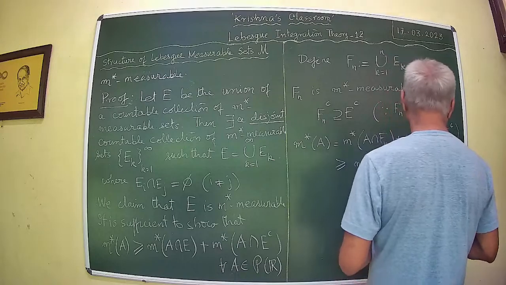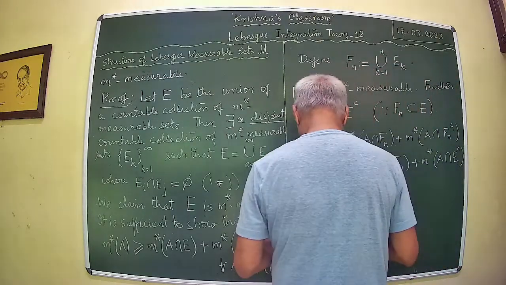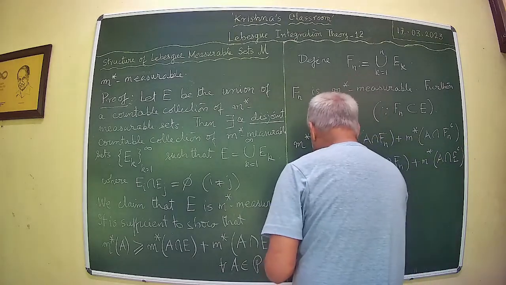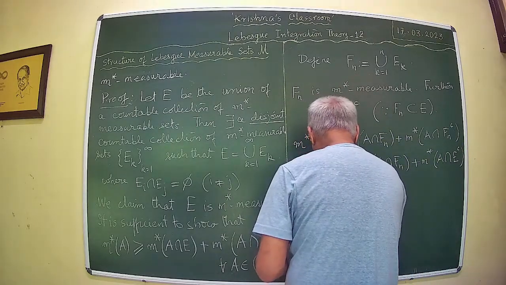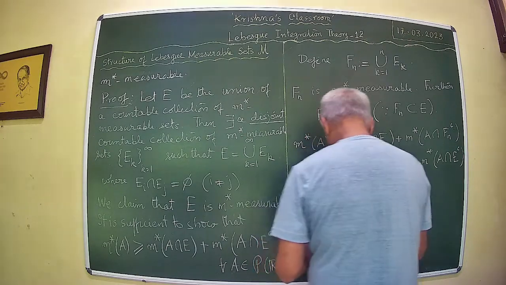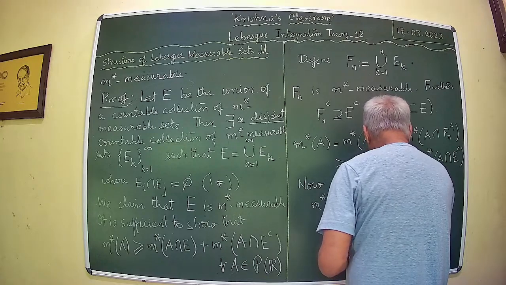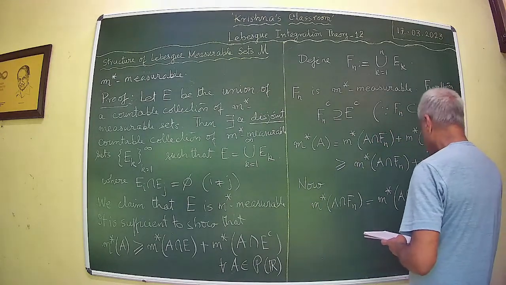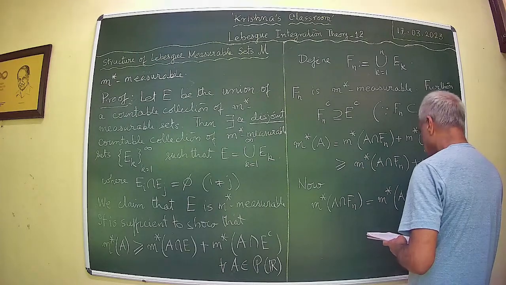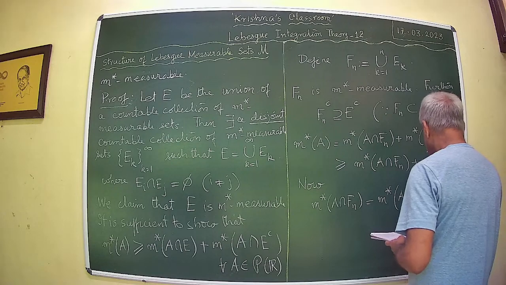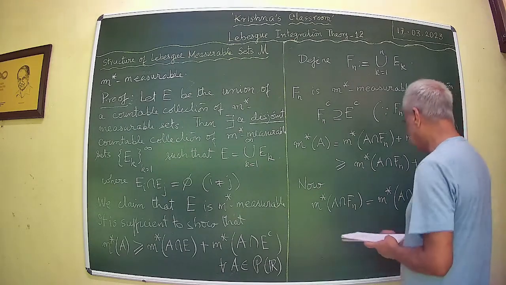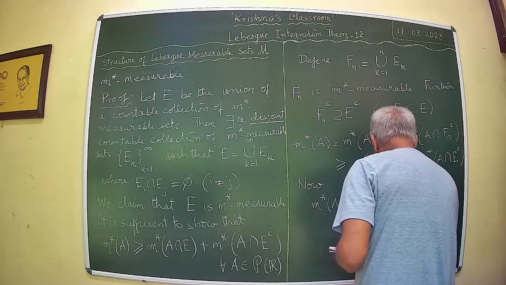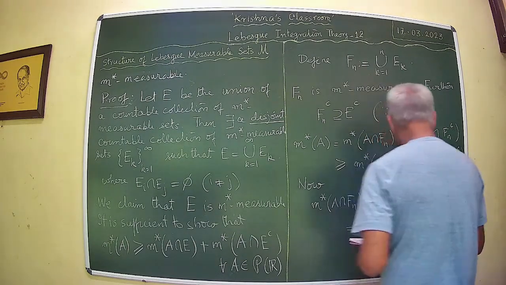Therefore, this is greater than that. And now we also know that m star of A intersection F_n is equal to m star of A intersection E_k, and this, you know, is equal to sigma m star of A intersection E_k.